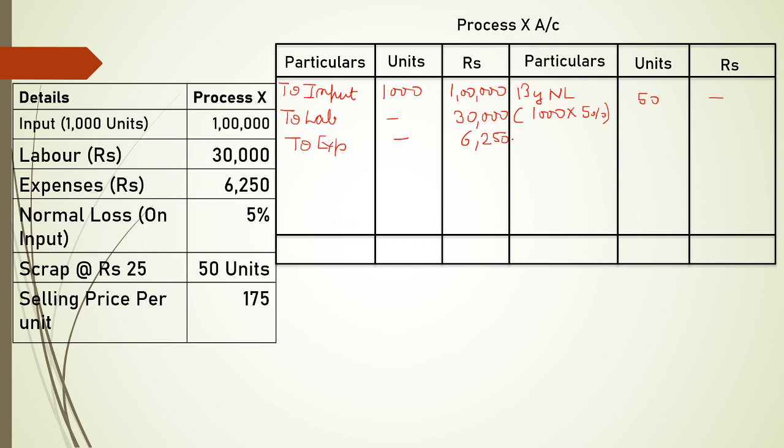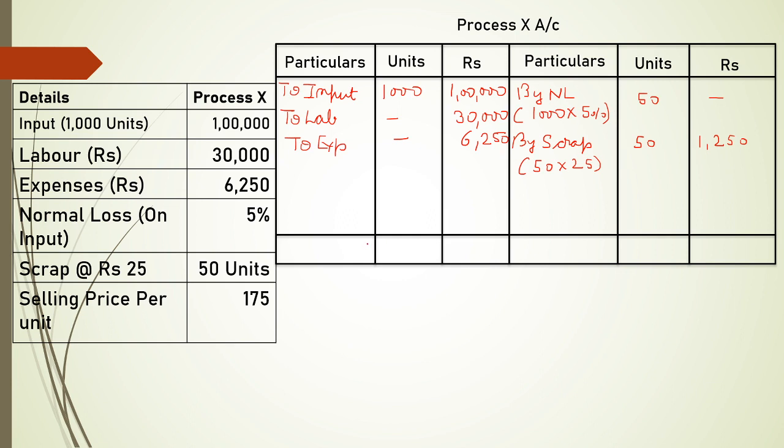Now the second loss is scrap. By scrap, units are 50 and this scrap is sold out in the market at the price of rupees 25 per unit. So here the net realizable value from the sale of scrap amounted to 1250.